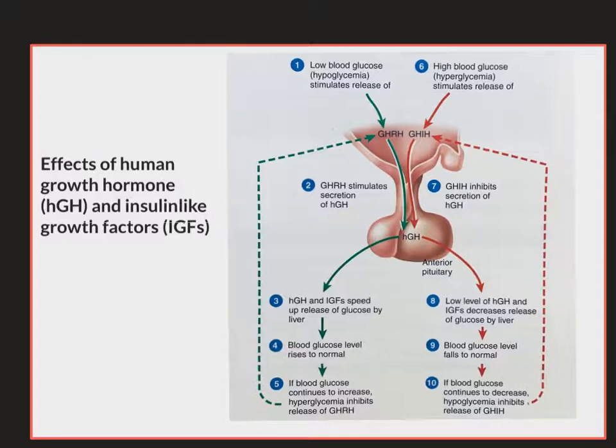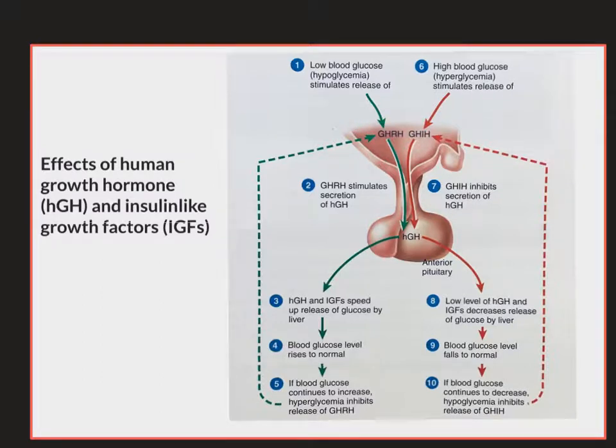In this case, for human growth hormone, what we're going to see is that the secretion of human growth hormone is going to be stimulated by growth hormone releasing hormone from the hypothalamus, and that's what you can see on this side over here.